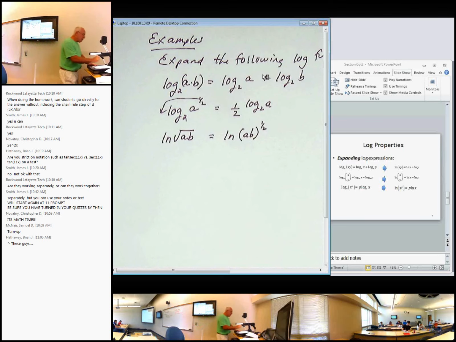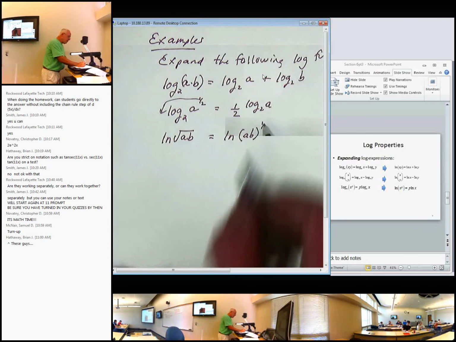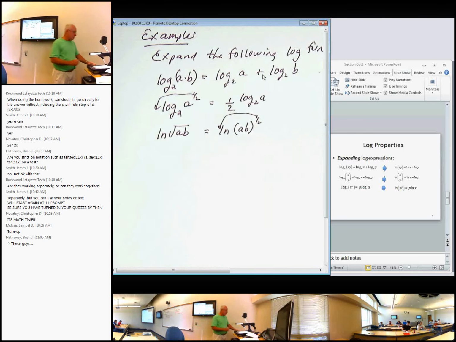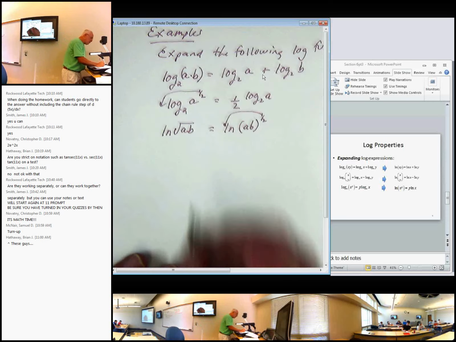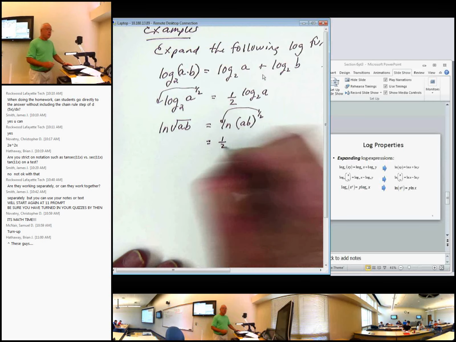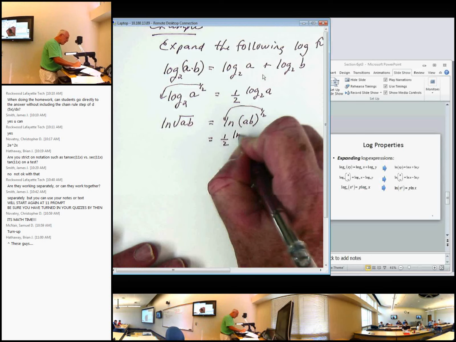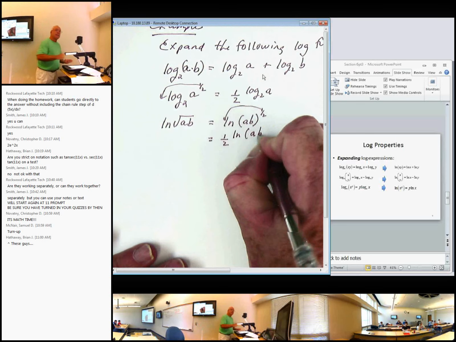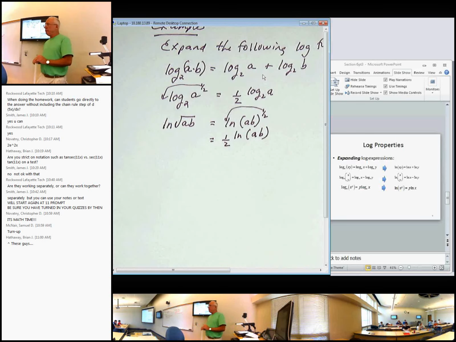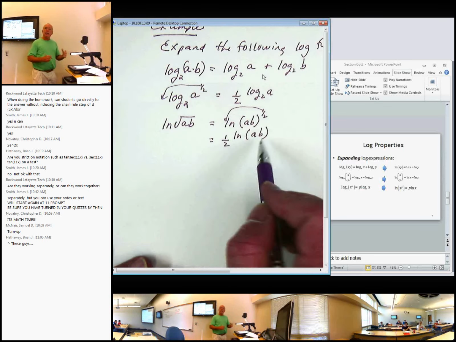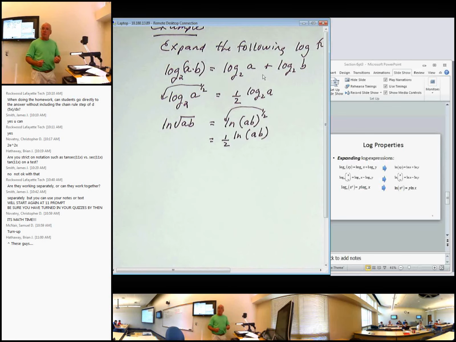And the first thing I can do is bring that 1/2 out front. I'm using that last property. And that's equal to 1/2 times the ln of just a times b. All right? And now I've got a simple product here. I can expand that out as the sum of two ln's.